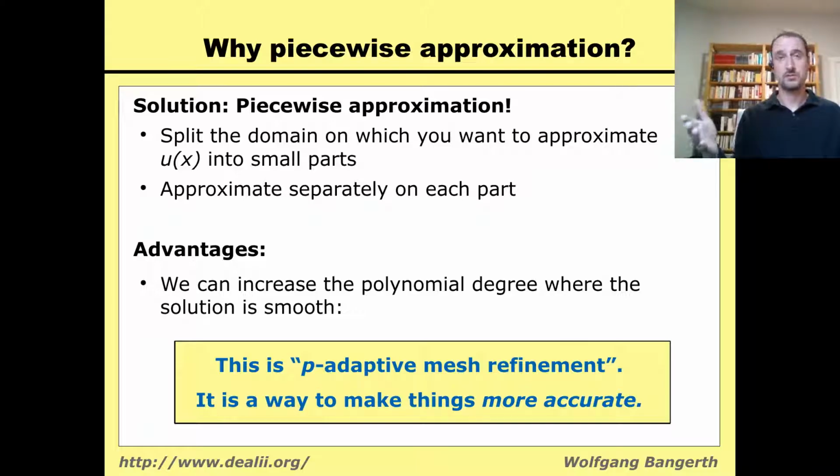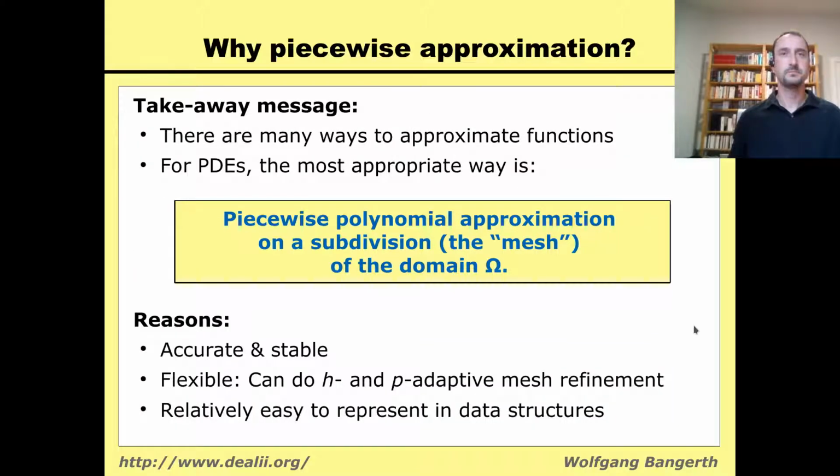But because the solution is smooth there, if I use a quadratic function, for example, I would get something substantially better. And maybe I can use a cubic or a quartic polynomial on that cell and make it even more accurate. So that's the idea of P-adaptive mesh refinement, where I choose the polynomial degree P on every cell individually. And that is also one of the things that I can do with piecewise approximations.